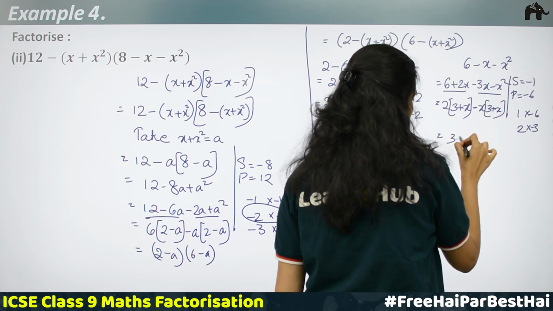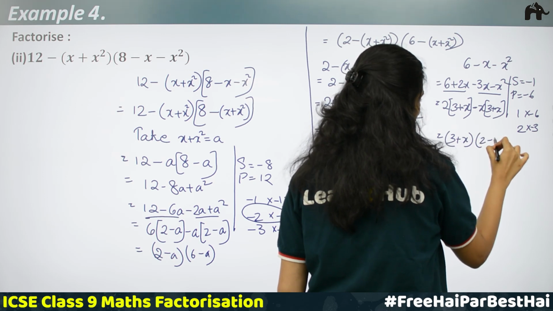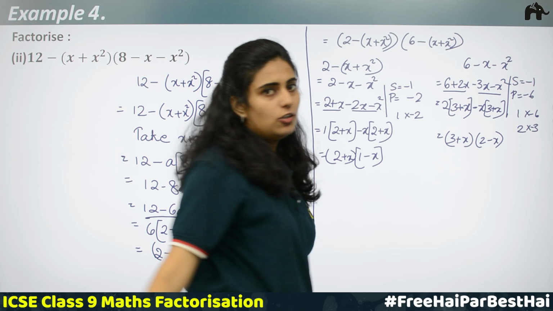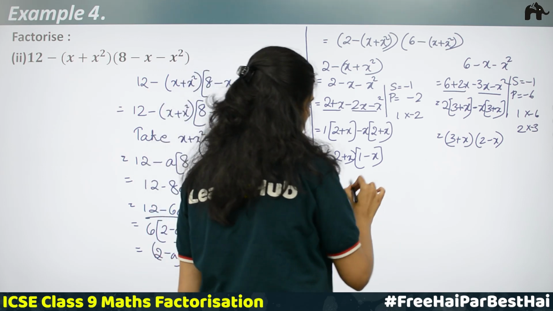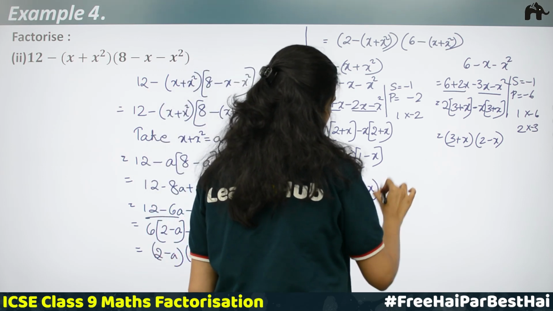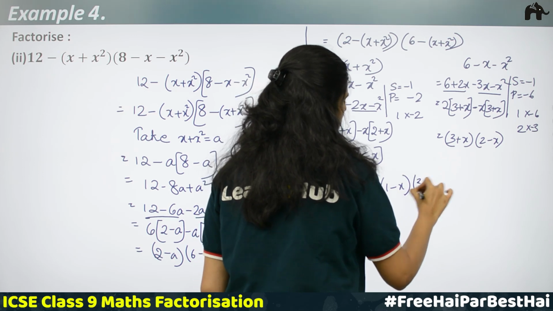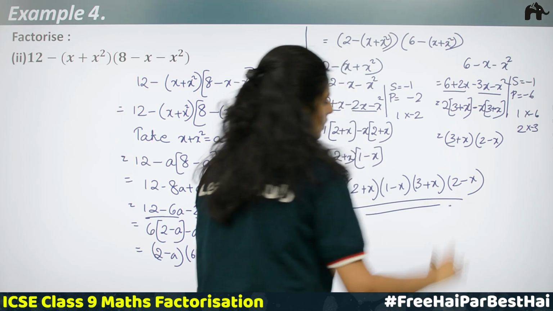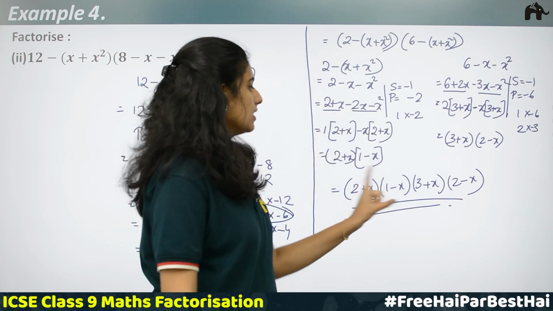So this is 3 plus x into 2 minus x. So from this part you got 2 factors and this part you got 2 factors, which means this is all equal to 2 plus x into 1 minus x into 3 plus x into 2 minus x. Okay, so these 4 are the factors.